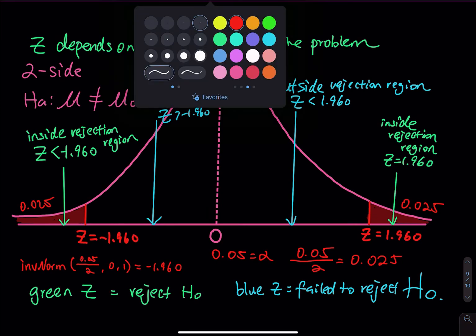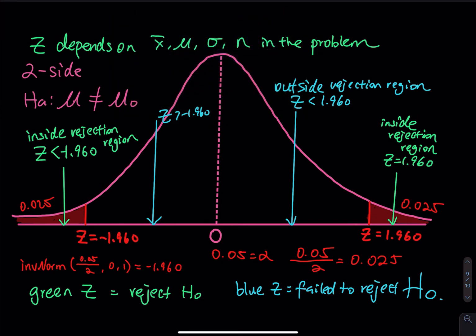So what is the p-value of the green Z? The p-value would be either this side or that side. Oh, sorry. Let me correct myself. On the right-hand side, let me fix that: Z is not equal to 1.960, Z is greater than 1.960. So that's how you go to the right. And then what is the p-value? The p-value is the sum of those two regions, the two green regions.